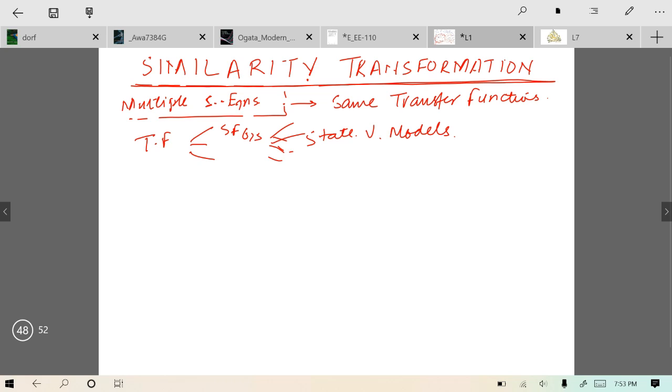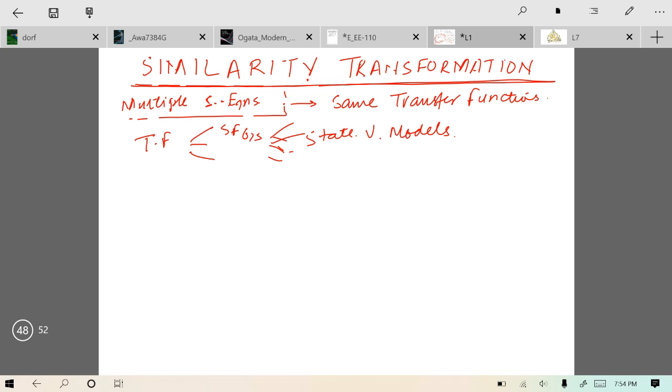So can we move from one state variable model to another state variable model? Why is this important? Because this is all associated with linear algebra, and we want to have the forms which we assume, or which we can use for further calculations.